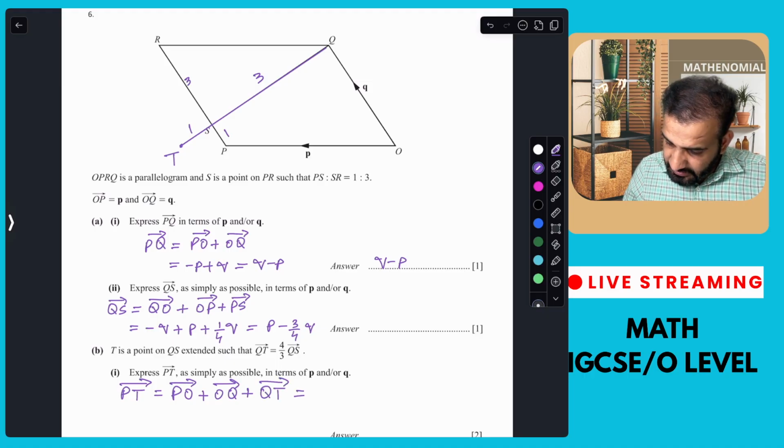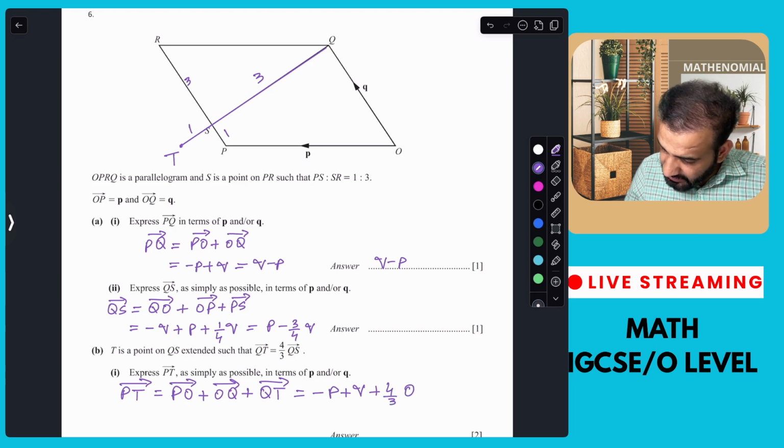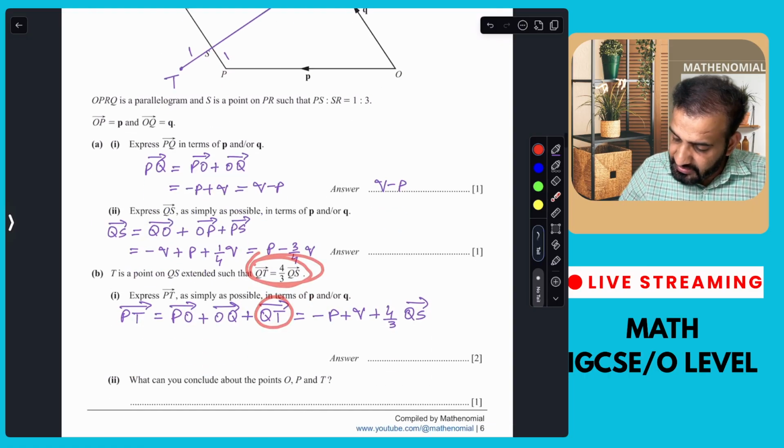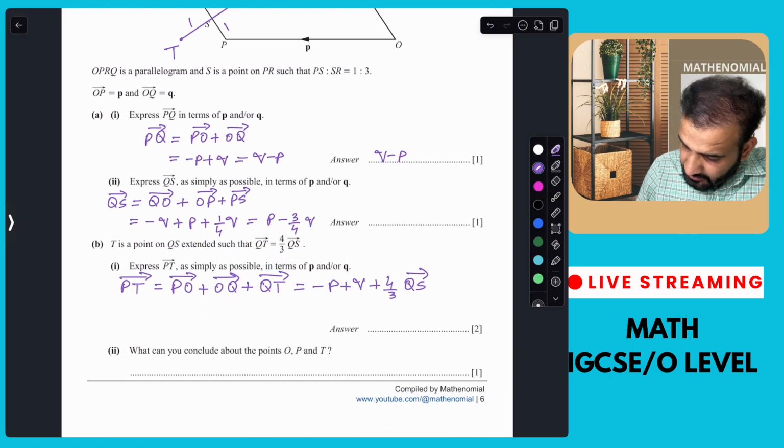So P to O is minus P, plus O to Q is plus Q, plus Q to T is 4/3 of QS, as it is given in the question. So minus P plus Q plus 4/3 QS.